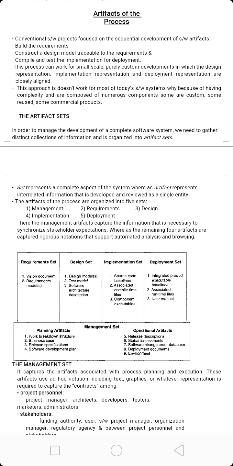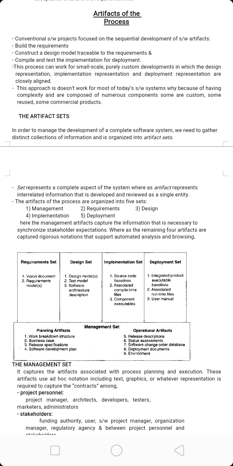In any given organization, project, or system, some of these artifacts or even some sets may be trivial or unnecessary. In general, however, some information needs to be captured in each set to satisfy all stakeholders. Here we are taking the information in each and every phase.